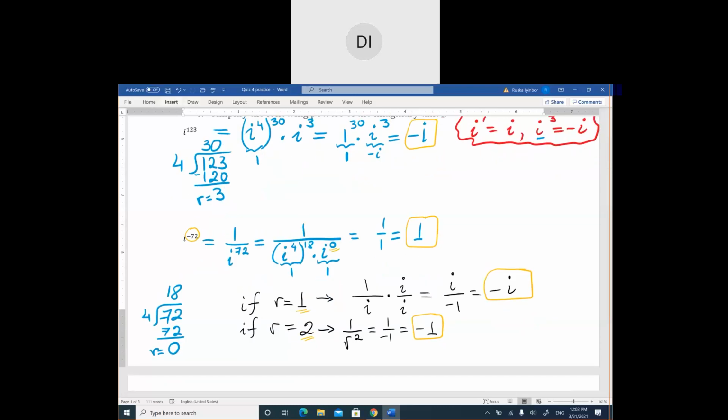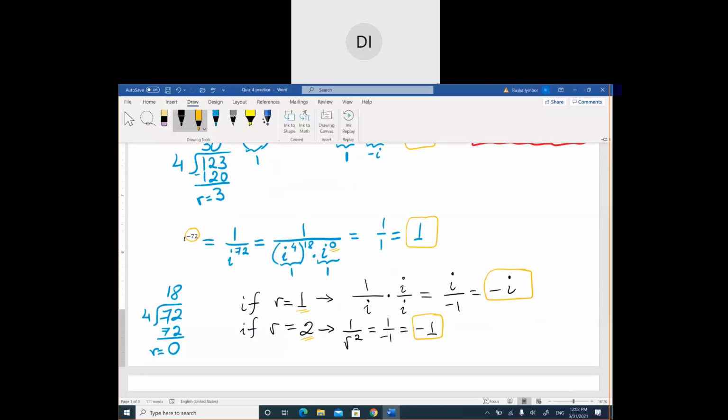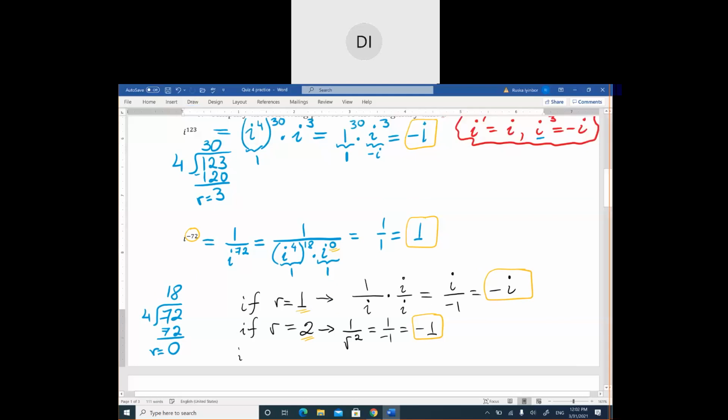And then the last one, if the remainder is 3, then you're going to get 1 over i cubed, which is going to be 1 over -i, right? And you're going to treat it the same way as the first one. You're going to multiply by i up and down, and that's going to give me i over negative i squared.